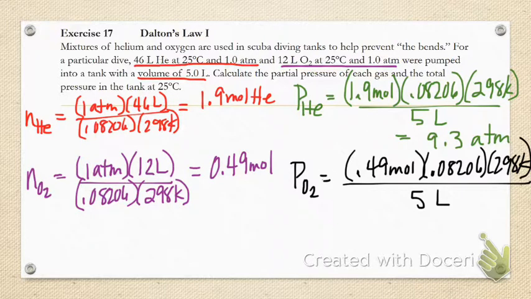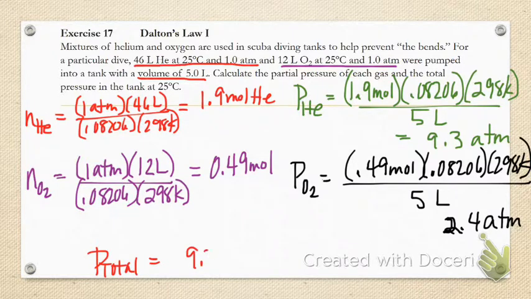Then I get 2.4. So there is my partial pressure of oxygen, there's my partial pressure of helium, and now my P total is those two numbers added together. 9.3 plus 2.4 gives me 11.7 atmospheres. It's a lot of work for that little problem.